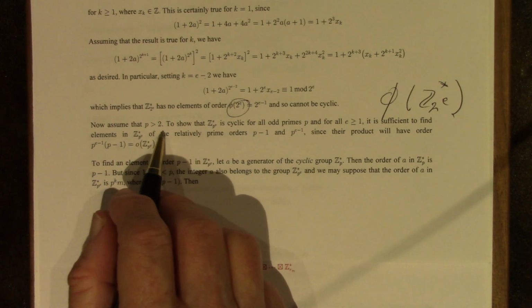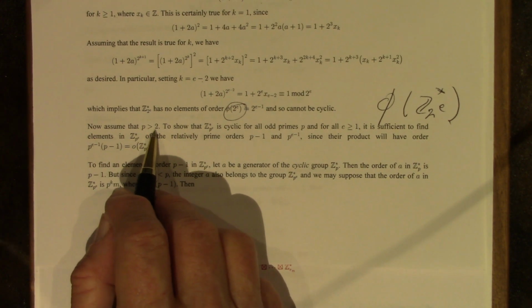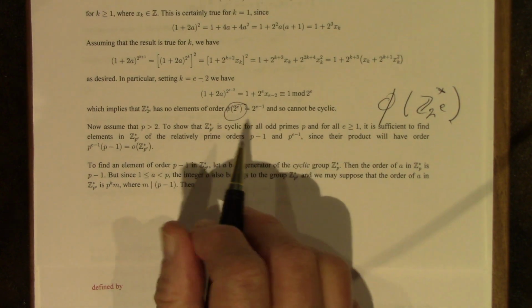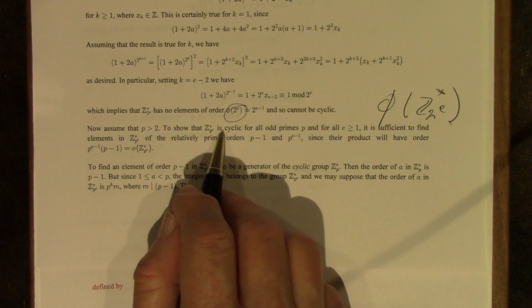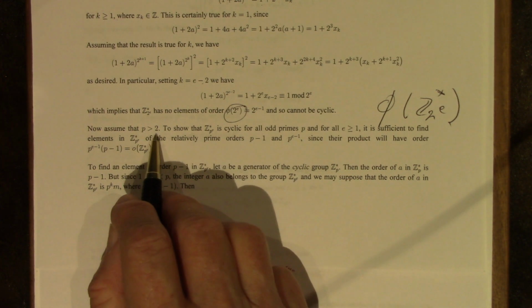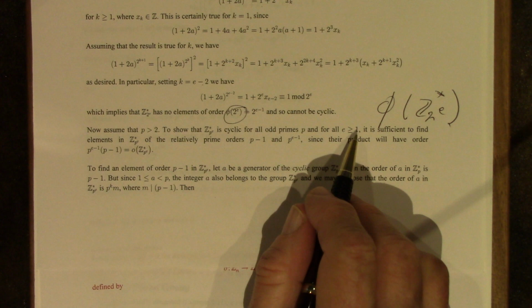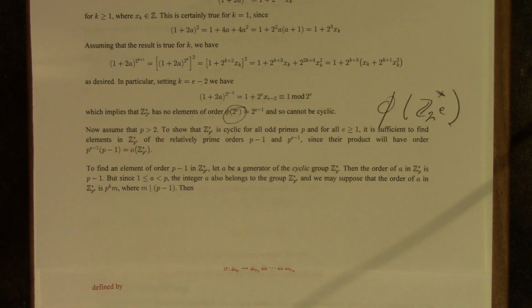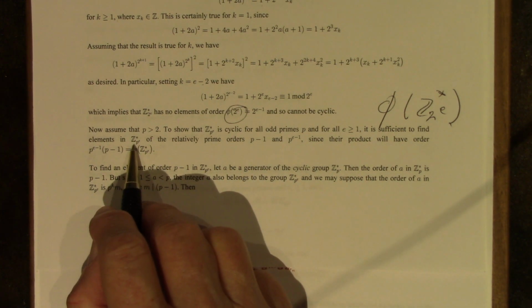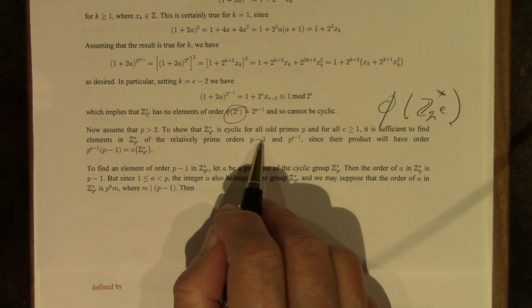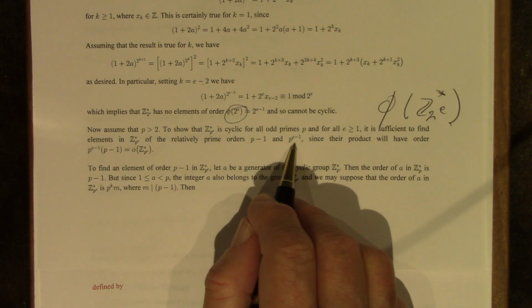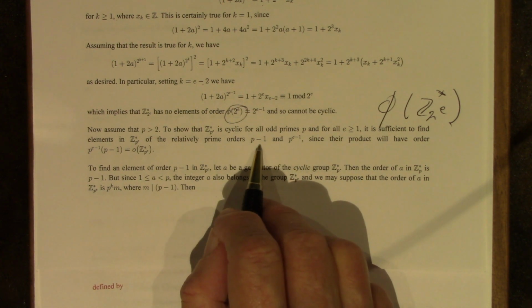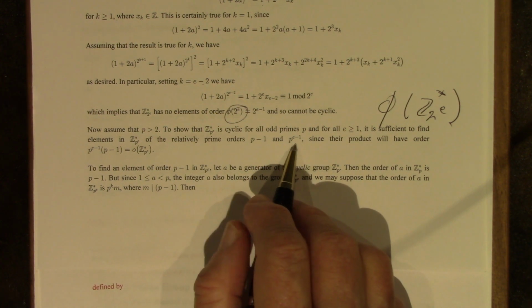Now assume that p is greater than 2. So in other words, p is odd. To show that Zp to the e star is cyclic for all odd primes and for all e bigger than or equal to 1, it would be sufficient to find two elements of the group, one of order p minus 1, one of order p to the e minus 1, because these two integers are relatively prime.